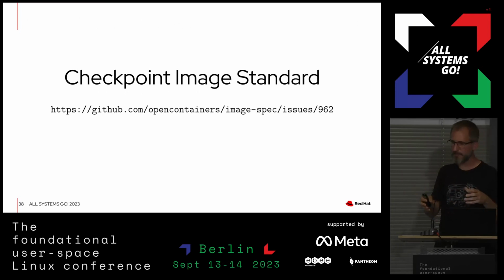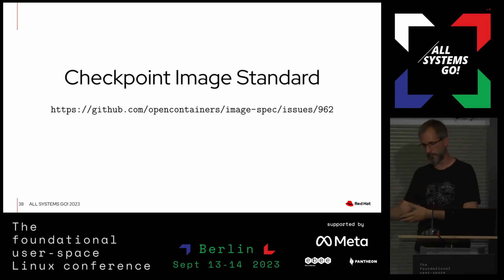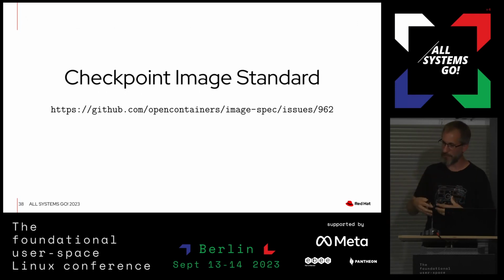For Kubernetes, it basically looks like we're pointing Kubernetes to an OCI image in some registry. Then Kubernetes tells the engine, CRIU in our case, to start a container. CRIU will detect, okay, this is a checkpoint, I have to do something else. It will do a restore of the container. Kubernetes will think it's a new container, but it actually is a restore of the container.